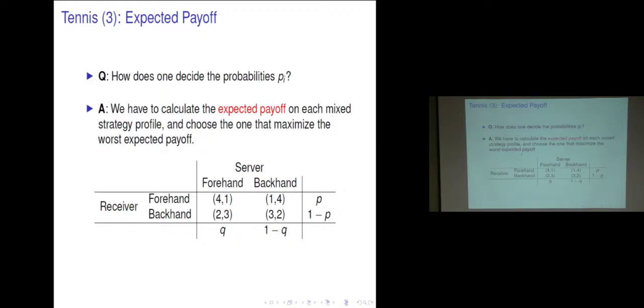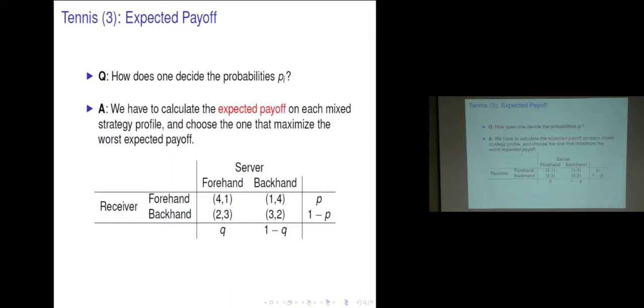We have seen this. Now the only thing new is we add the word "expected" everywhere. So now, to study mixed strategy, we have this probability floating around. For example, for the receiver, player 1, she will use strategy 1 with probability P, and with probability 1 minus P, she uses the second.